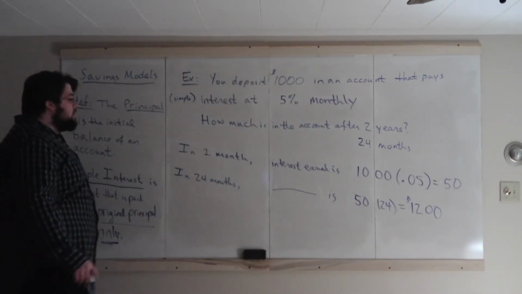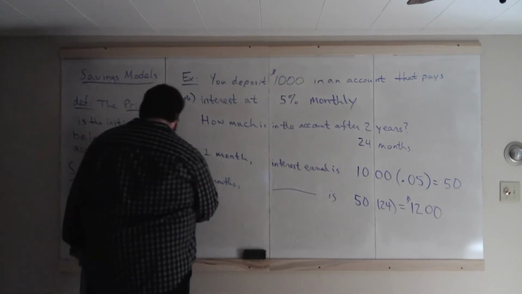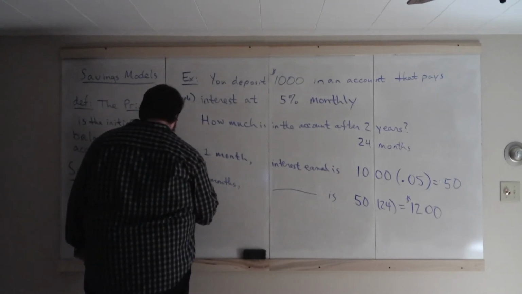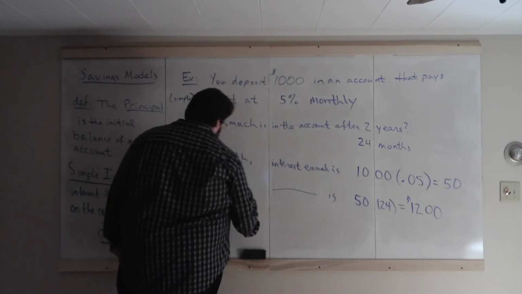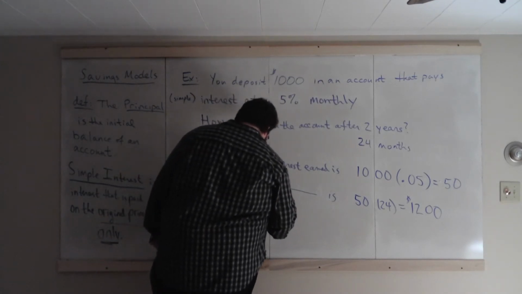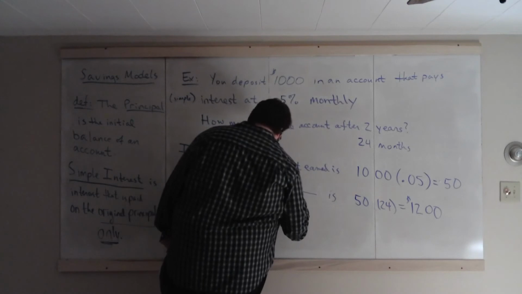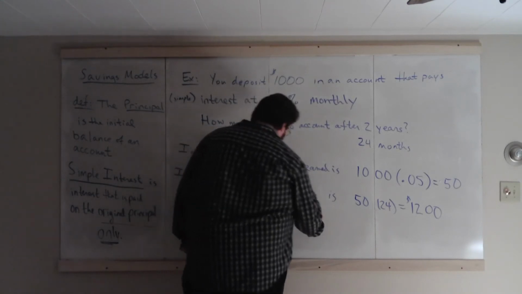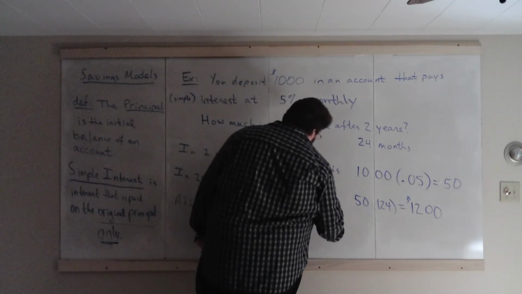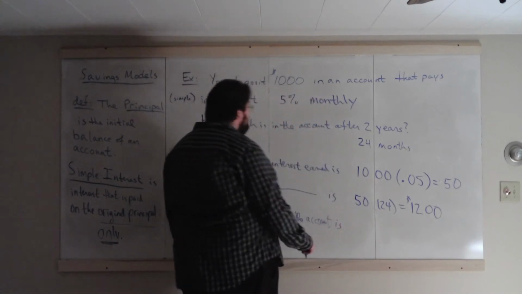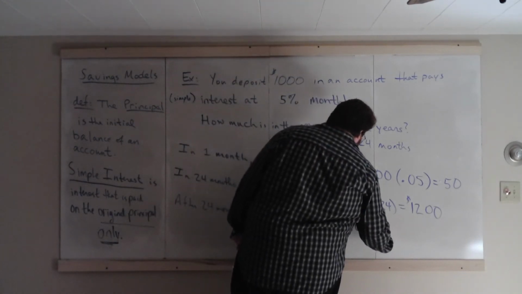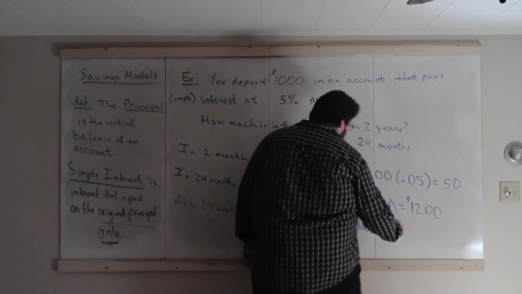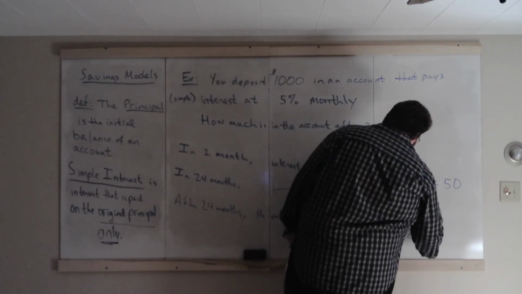So in 24 months, the interest earned is that much. So after 24 months, the amount in the account is what? What was it? 1,000 plus 1,200, which gives us $2,200.